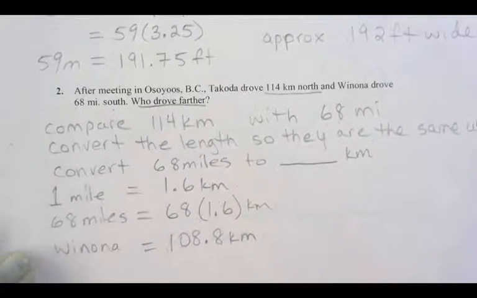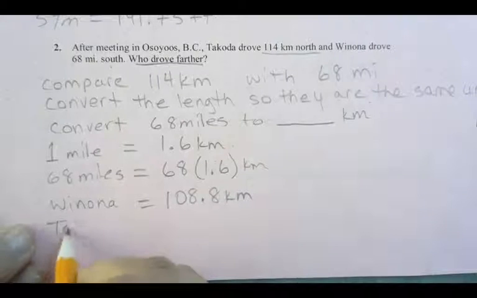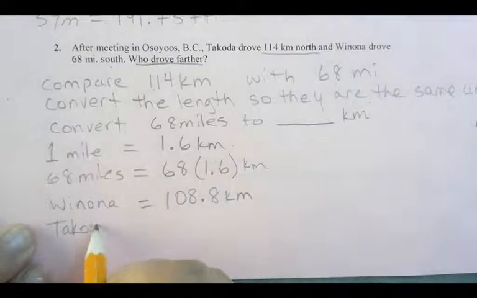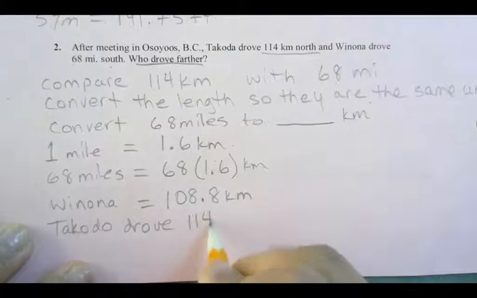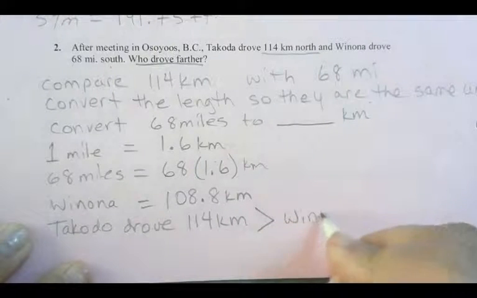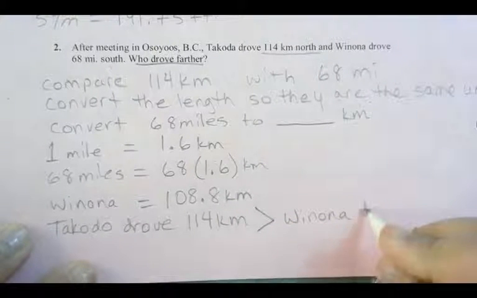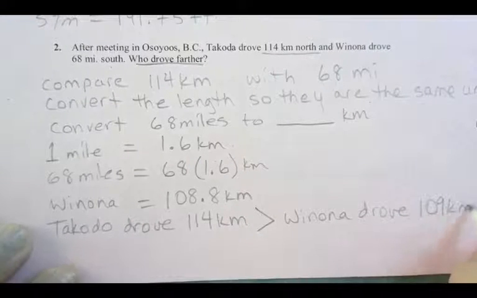Winona drove approximately 109 kilometers, and Dakota drove 114 kilometers. So who drove longer? Dakota drove 114 kilometers, which is greater than how much Winona drove? 109 kilometers.